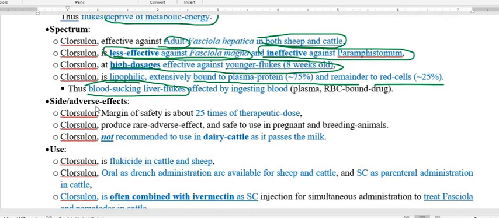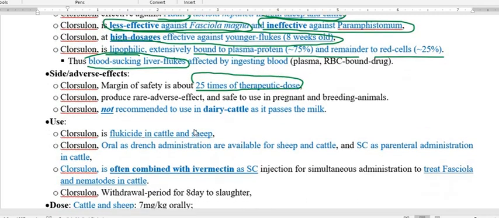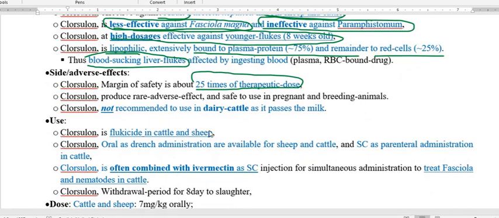Regarding adverse and side effects of clorsulon, the therapeutic efficacy is very good, that is about 25 times the therapeutic dose. It is not recommended, similar to the other drugs, for dairy cattle that are producing milk.